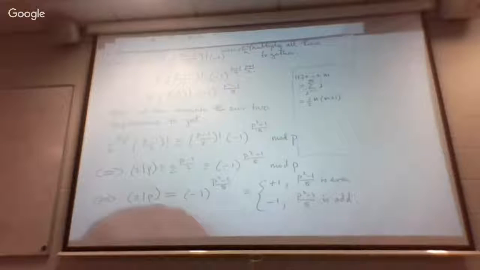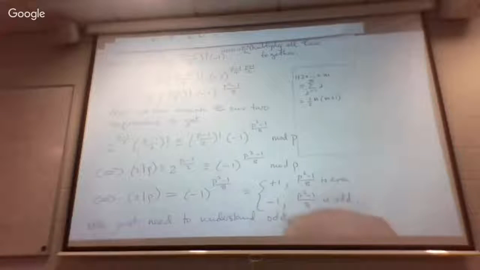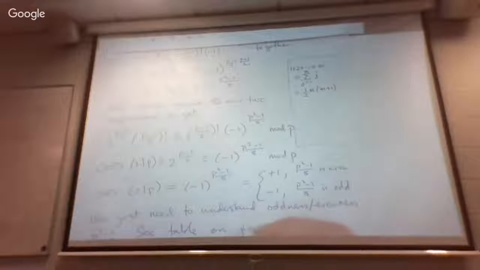So we just need to understand the oddness or evenness of p squared minus 1 over 8. See the table, page 61.